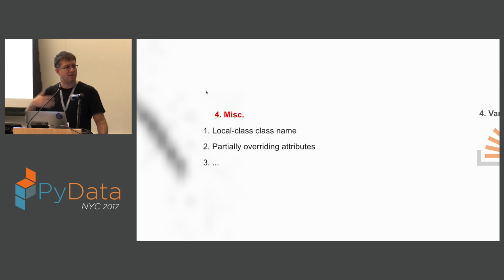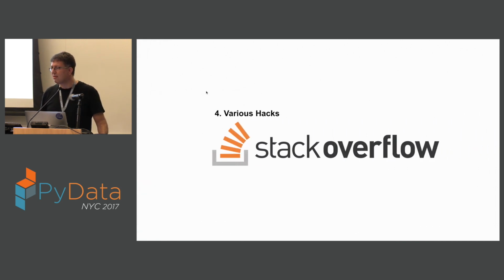But on the other hand, in terms of the interface, we would like them to be at the same time Pandas entities, data frames and series. So there's a problem of partially overriding attributes, like saying when the class needs to use this attribute, it should be one thing, but when the user would like to see what the attribute is, it should be something else. And there are lots of hacks to solve this, and I basically found all of them on Stack Overflow.